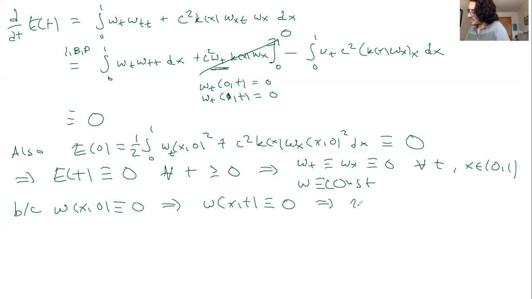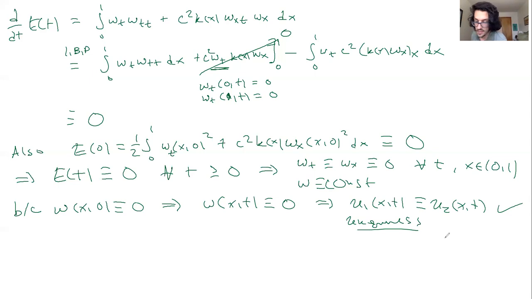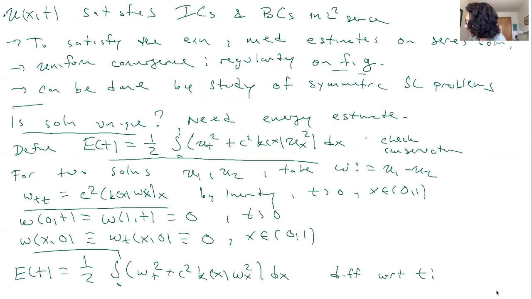So this implies that u1 of x,t is equal to u2 of x,t, and indeed we have uniqueness. Okay. All right.